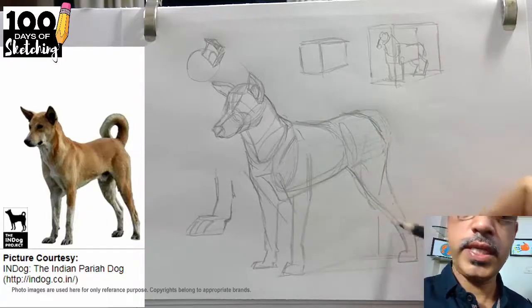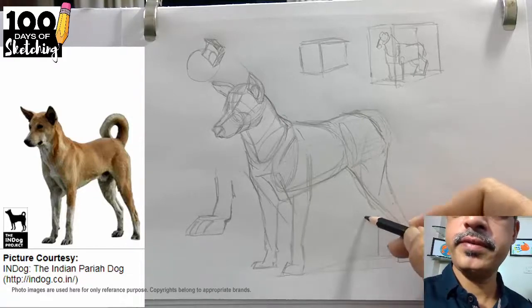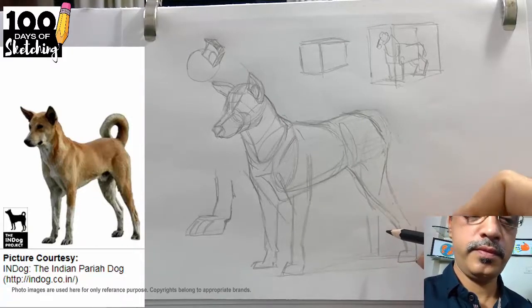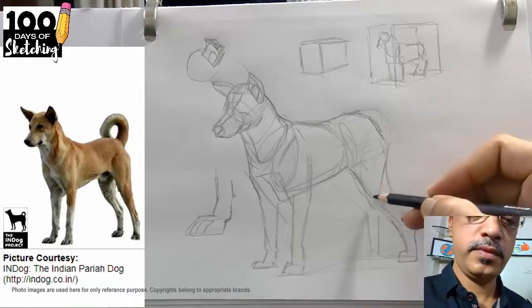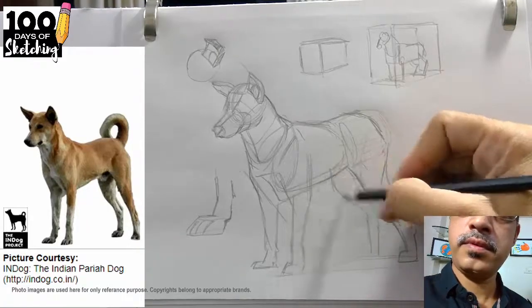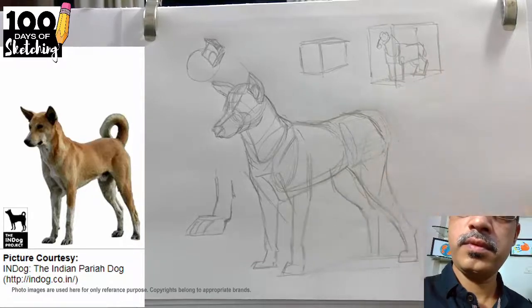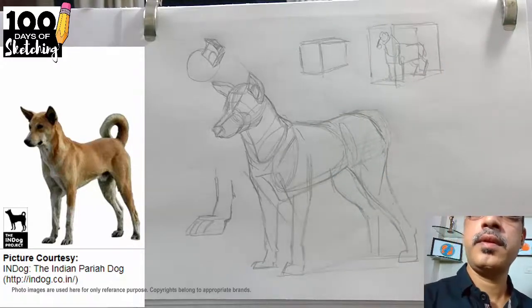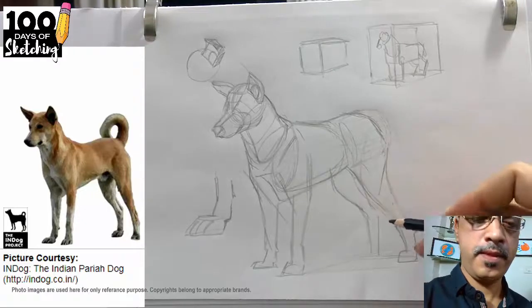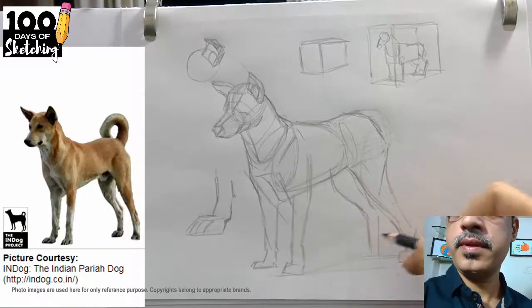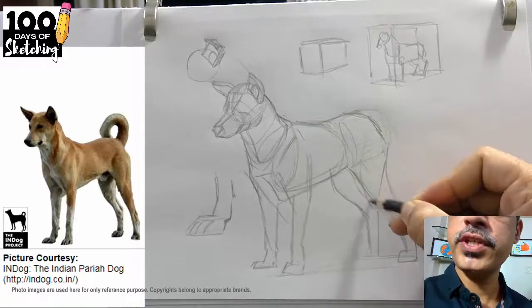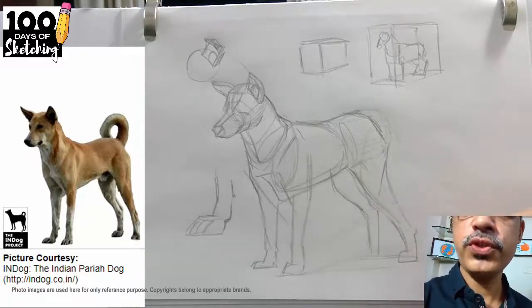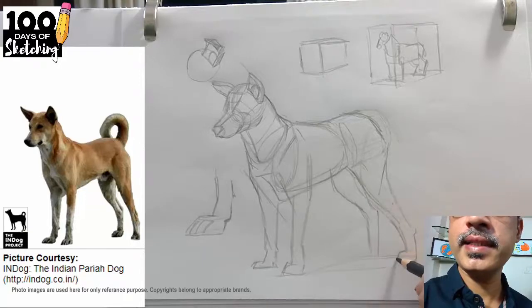And this is the negative space that is forming. Your observation has to be very keen. You can see the smallest of details. Keep observing.